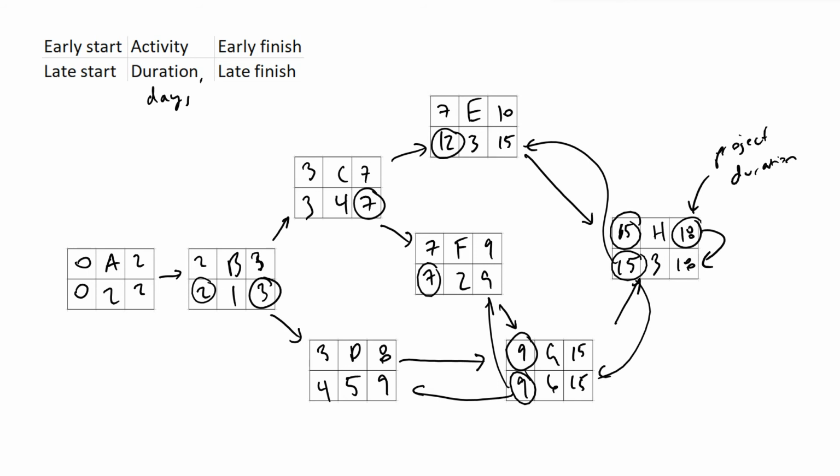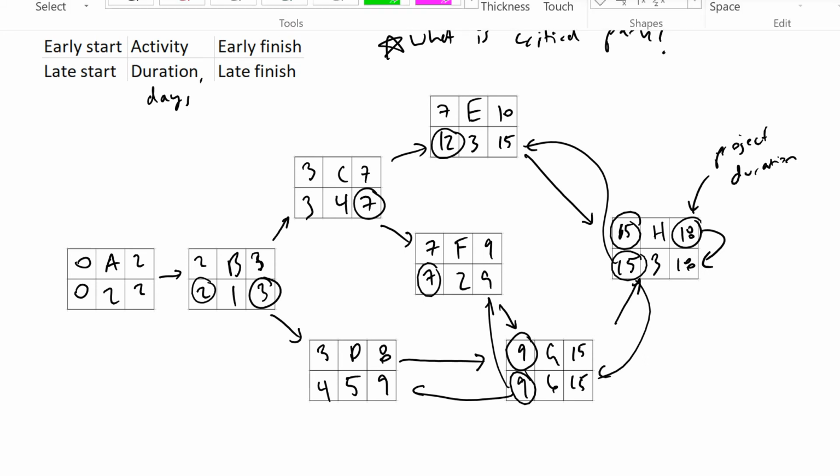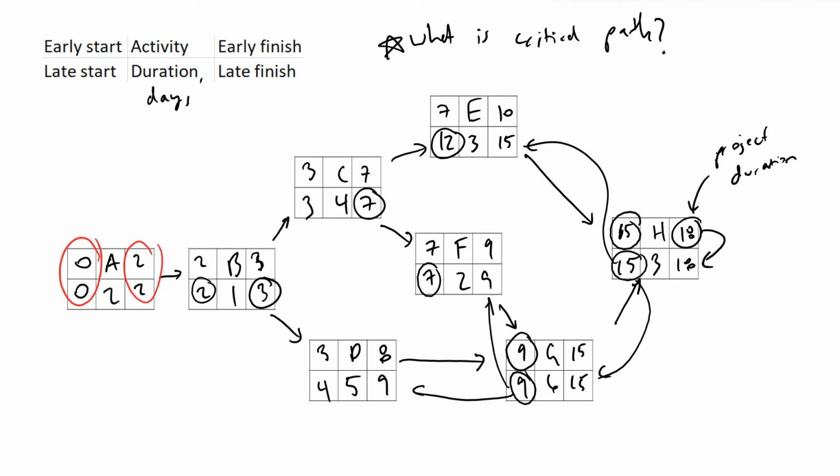Now, the question is, what is the critical path? Because we just finished this. In our case, the critical path is going to be the one in which the early start date must be the late start date for us to get to our project duration.